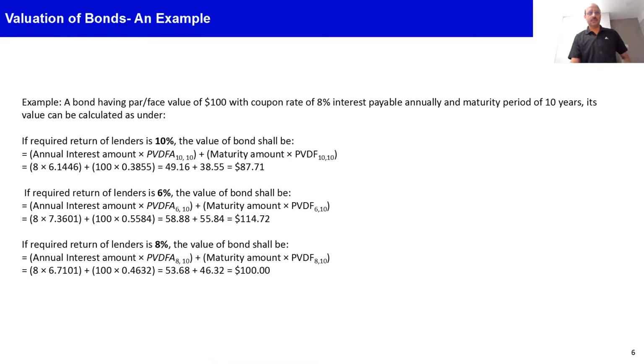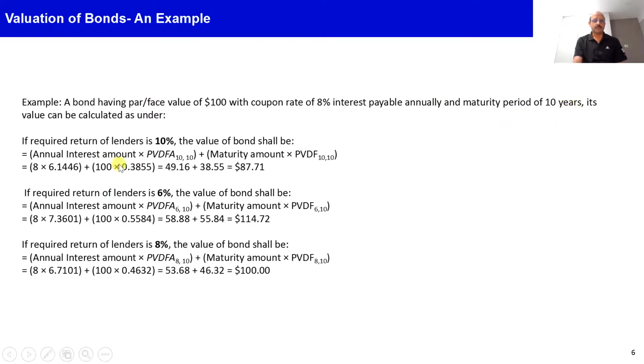So let's take an example. If a company issues a bond which has a face value of $100 and coupon rate of interest is, let's say, 8% payable annually, and maturity period of the bond is, let's say, 10 years.